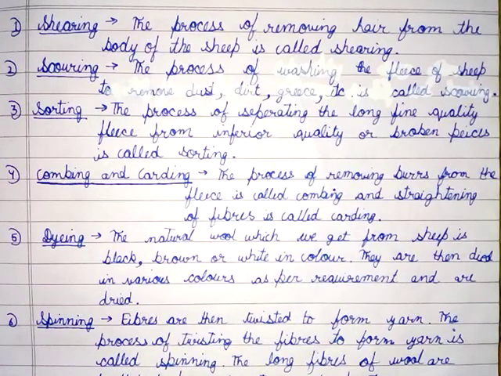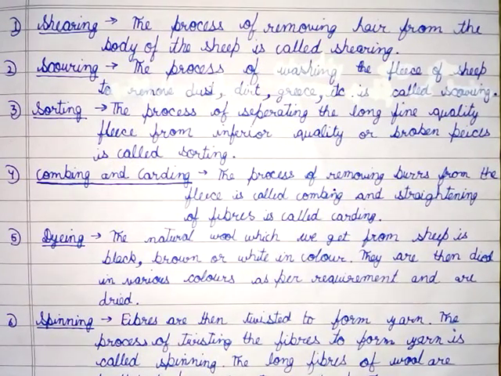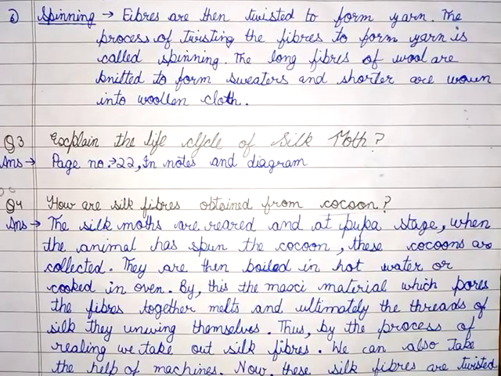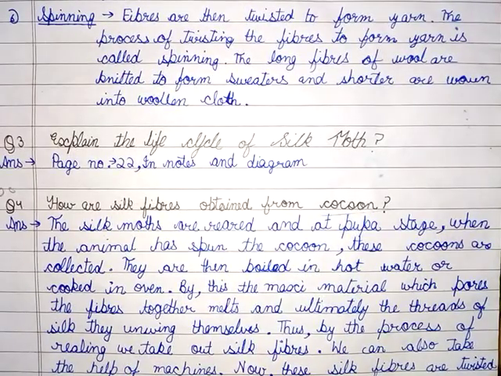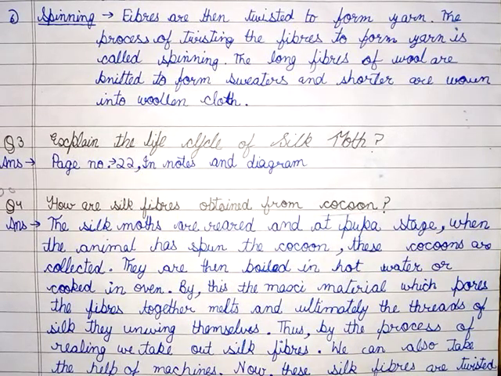They are then dyed in various colors as per requirement and are dried. Spinning, fibers are then twisted to form yarn. The yarn is knitted to form sweaters, and shawls are woven into woolen cloth.